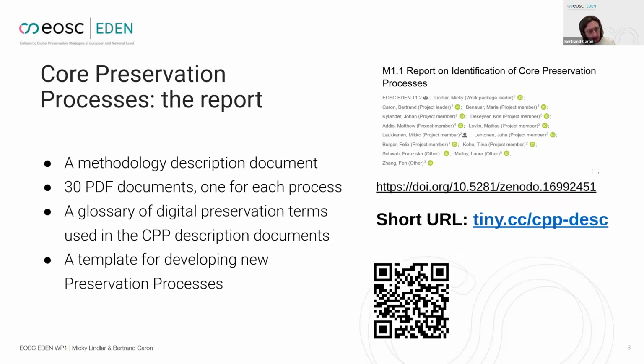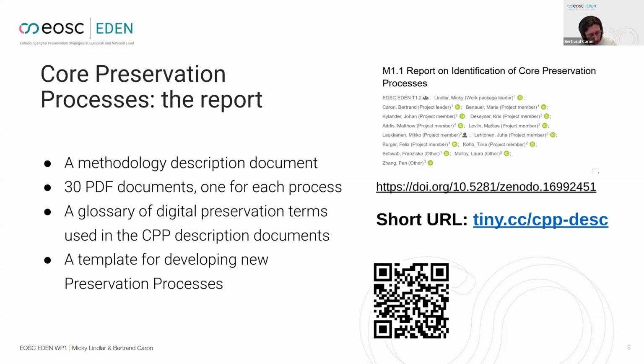So the outcome itself is the report published as a Zenodo publication. You will see that it is composed of a series of PDF documents. The first one is the report itself. It describes the methodology and the approach that we adopted and how we reached the conclusions and how we produced these PDF documents describing processes.